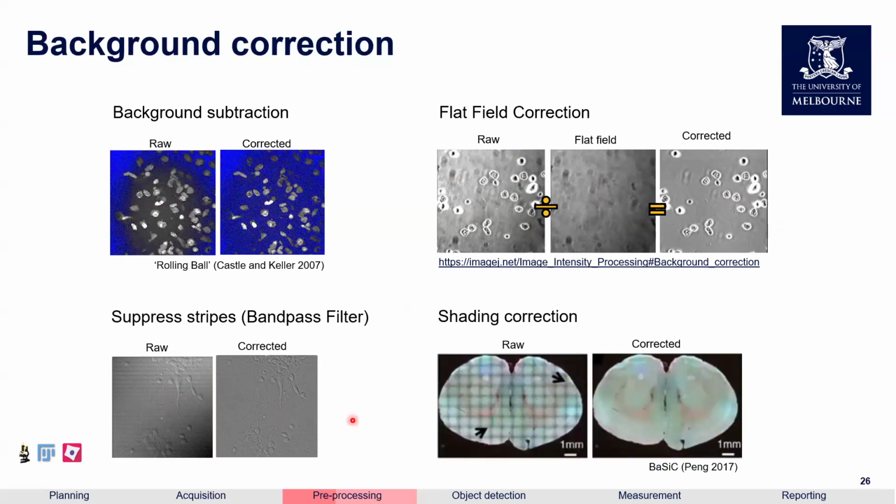There are also many other more advanced background correction tools. One of them is called BaSiC, which is the name of the plugin. It computes the shading metrics and corrects the shading. This type of background correction tool is available in most image analysis programs, such as Fiji or CellProfiler.